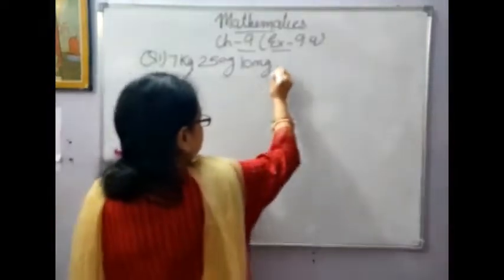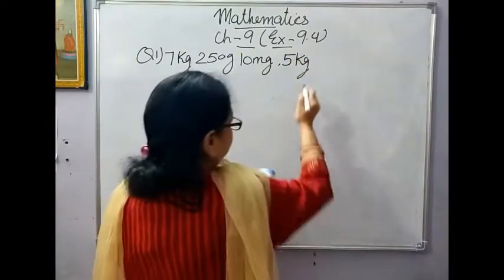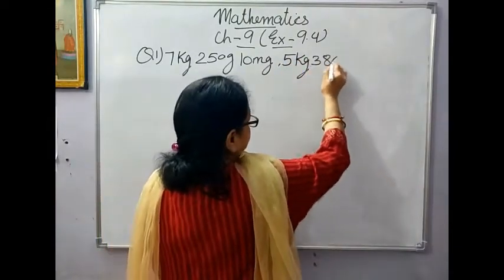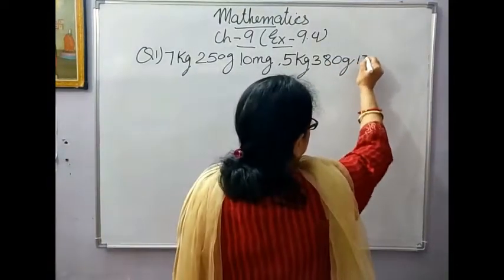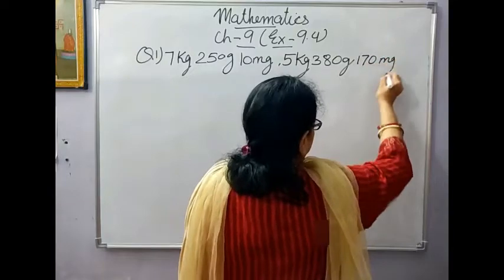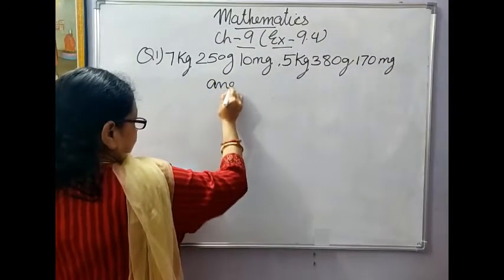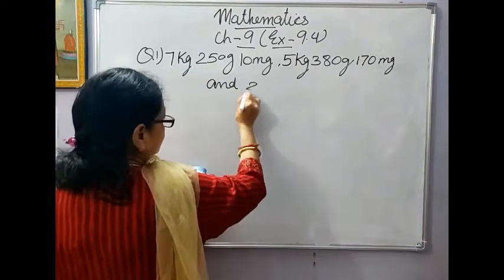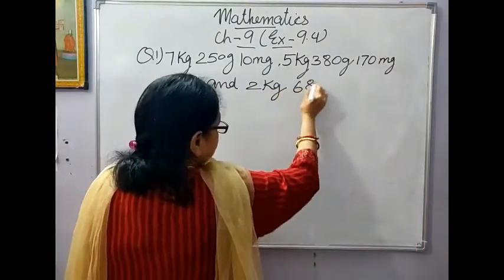Then 5 kg, that is kilogram, 380 grams and 170 milligram. Then there is third, and it is 2 kg, 680 gram.